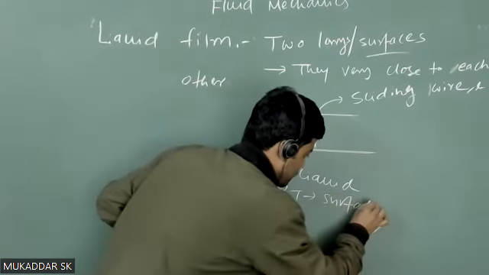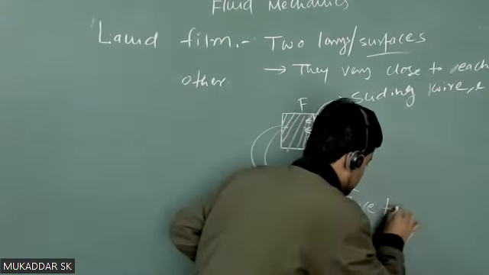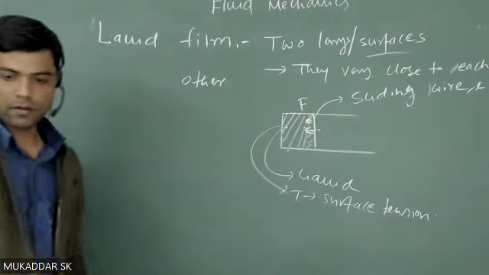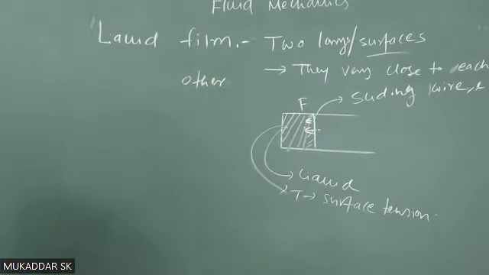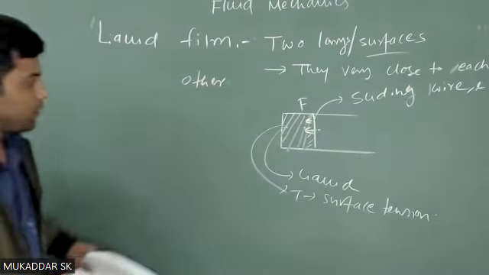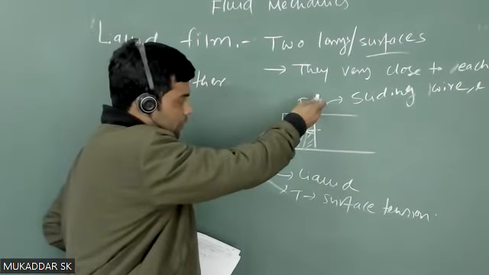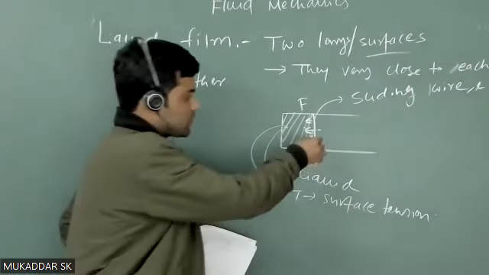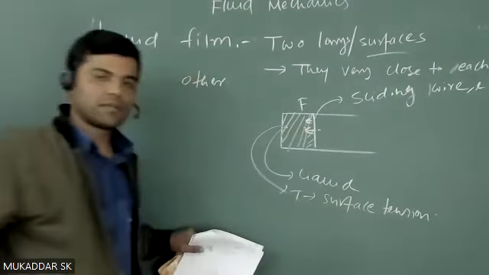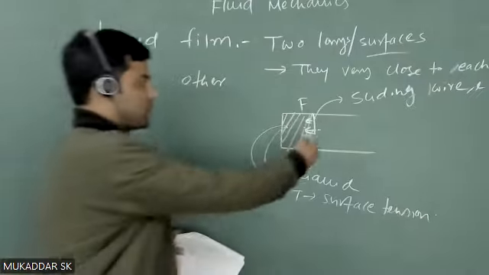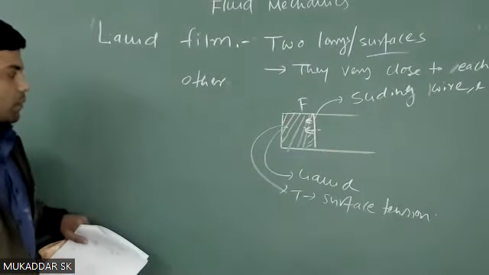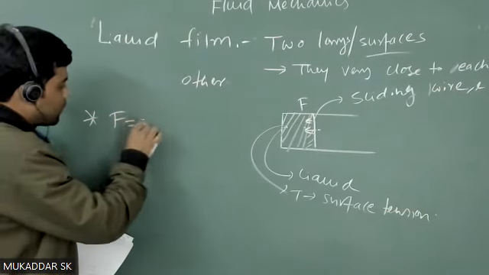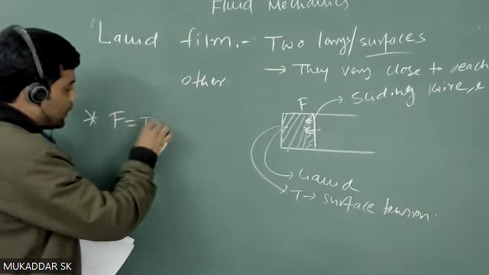The important thing is that the sliding wire is kept on the surface of the liquid, and because of surface tension there will be a force acting on this wire in this direction. If you write that force, we already know it is nothing but T into L.